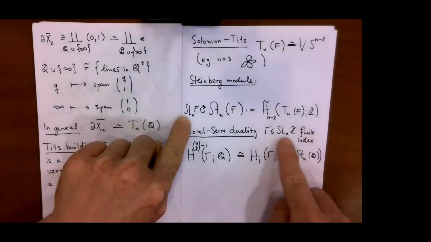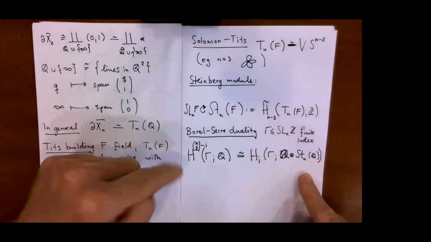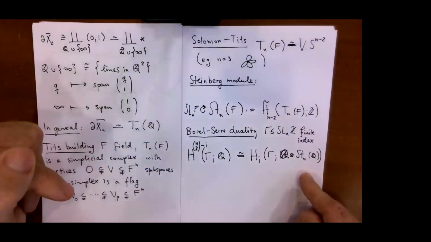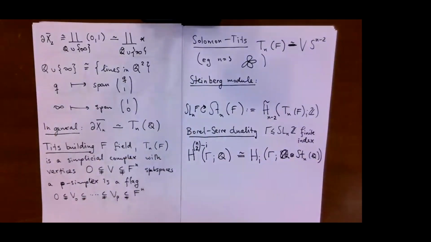Now SL_n(Z) is a subgroup of SL_n(Q), and Gamma is a subgroup of SL_n(Z). So I can act with Gamma on this by just restricting that action. But I should also say that this is an infinite dimensional representation. It is countably infinite, but still infinite.